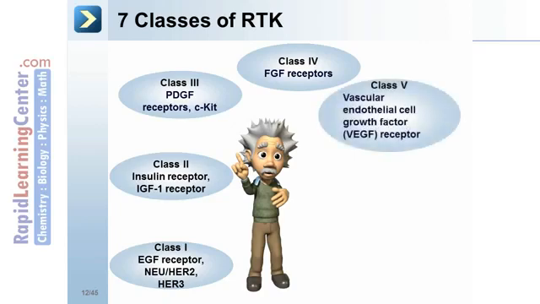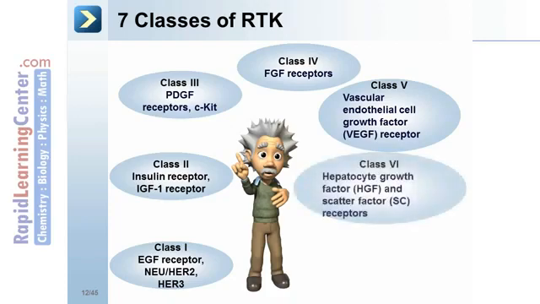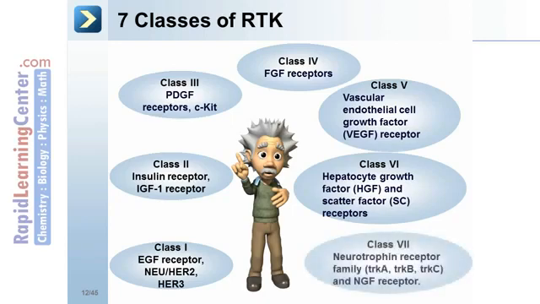Class 5, vascular endothelial cell growth factor receptor. Class 6, hepatocyte growth factor and scatter factor receptors. And Class 7, neurotrophin receptor families TRKA, B, C, and NGF receptor.